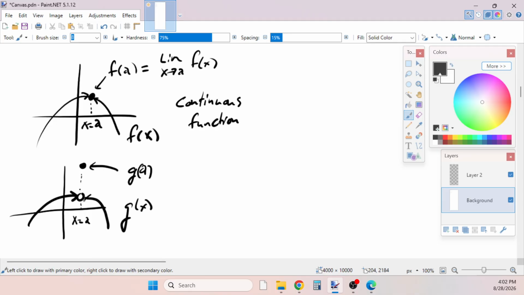But the limit as x goes to a of g(x) is this y value down here. Since they're not the same, we say the function is discontinuous.